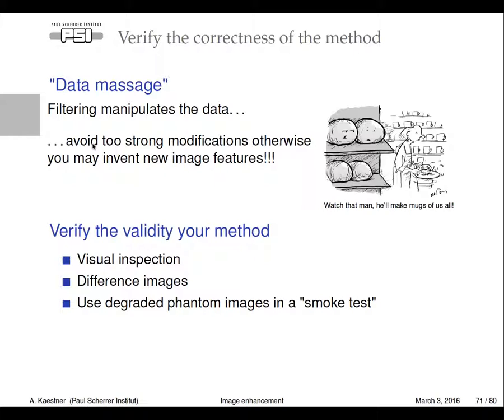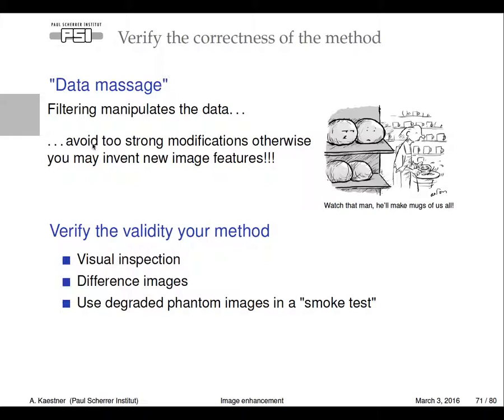With all these filters I have shown you, you can introduce strong filter effects. You can even introduce new image features if you don't watch out, and that is important to avoid. So how do you inspect it? First thing is to actually use your eyes, visual inspection. Look at the screen, does it really make sense?